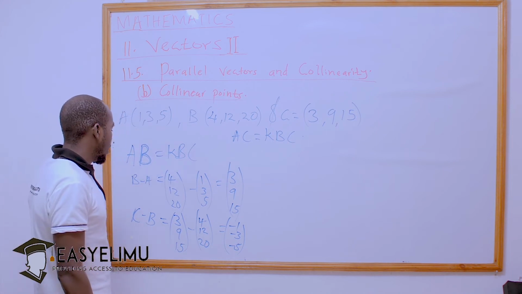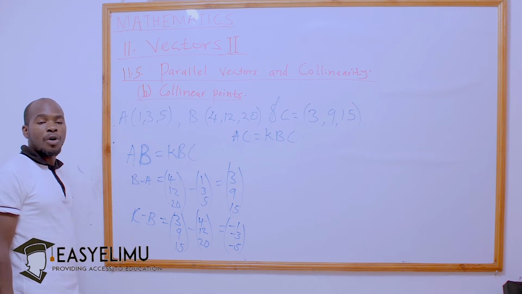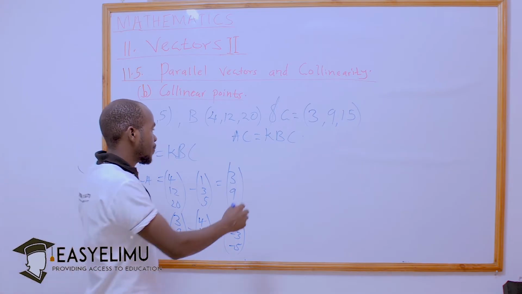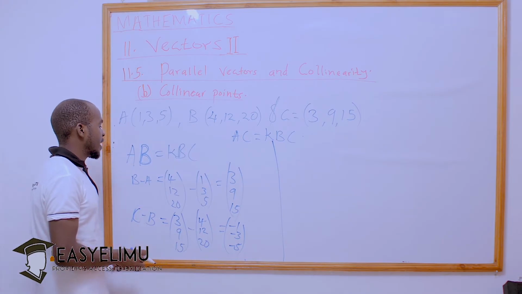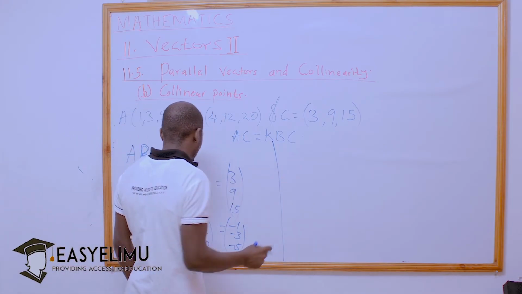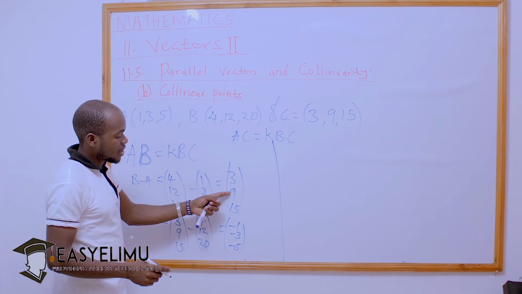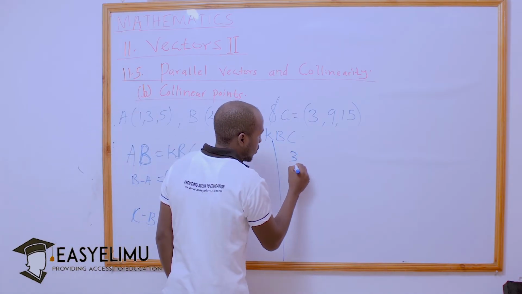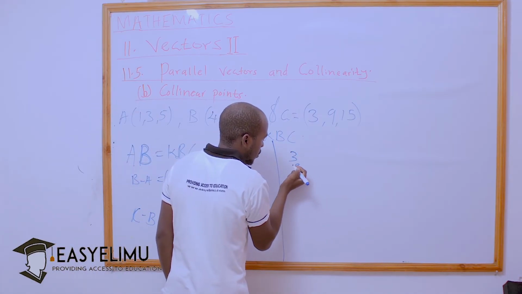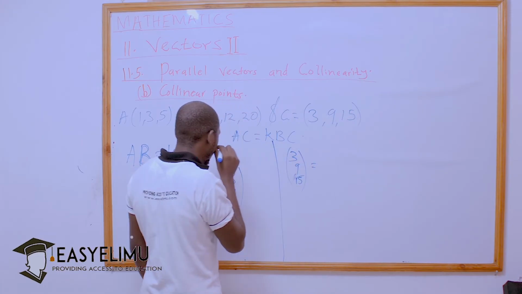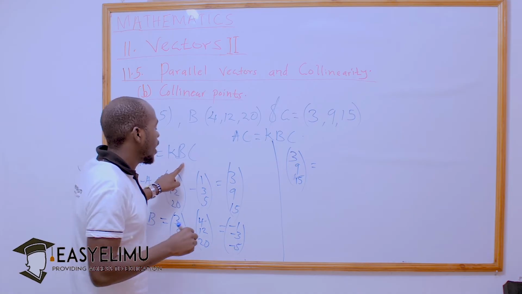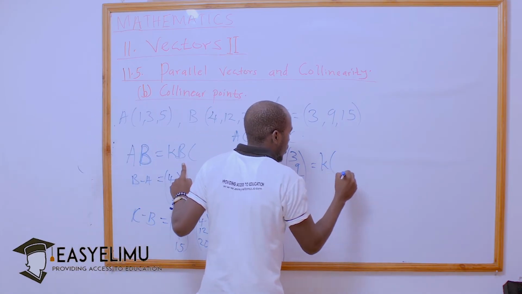Now we have found AB, and we have already found BC. Whatever we are remaining with is only to find K. So AB here is 3, 9, 15, and this should be equal to K times BC.